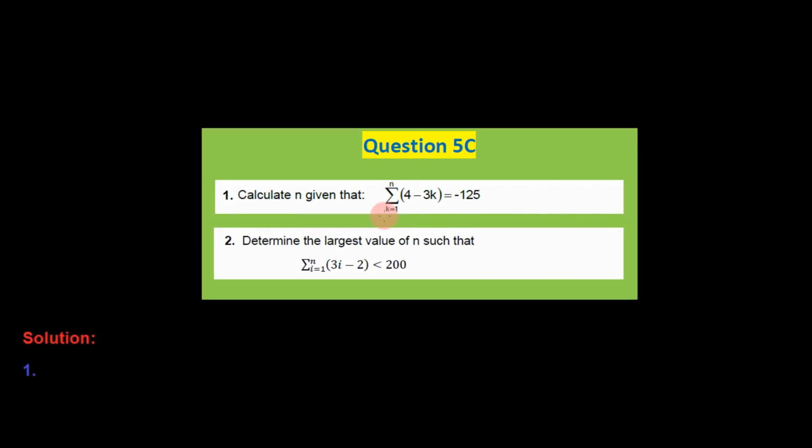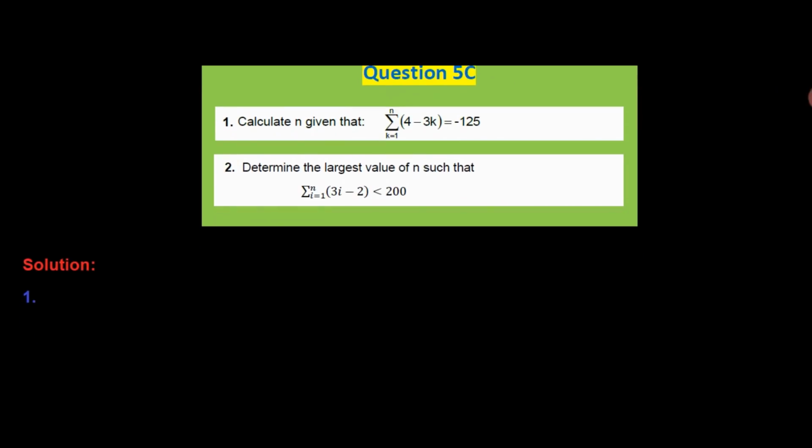Let's look at your answer to the first question here. We are given this sum equal to negative 125, and we must find the value of n. We can start by writing down the general term. We know that the general term t sub k is 4 minus 3k. Now we can find the values of the first three terms.